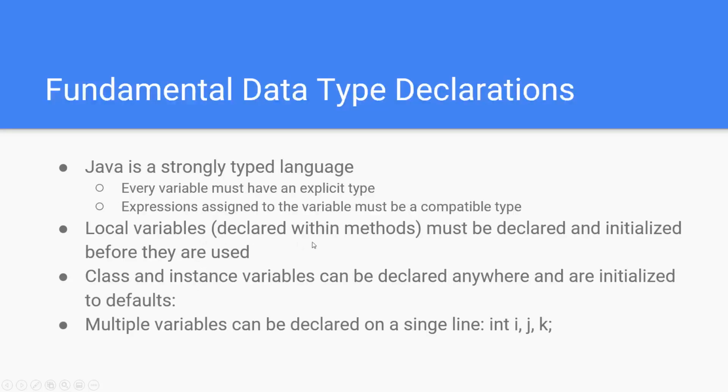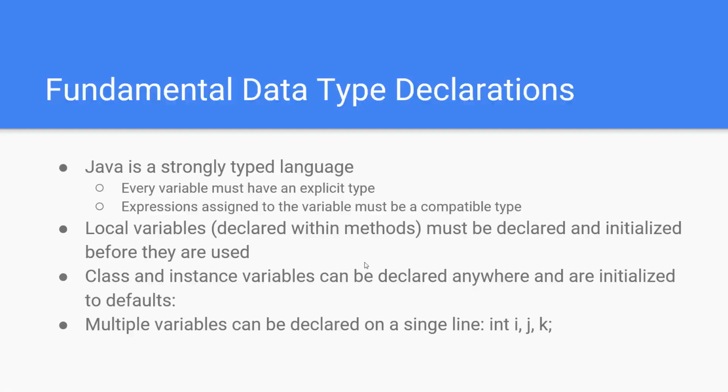Local variables can be declared within methods. They must be declared and initialized before they are used. Class and instance variables can be declared anywhere and initialized to defaults. Initialization is always big. We have to think about when we are modeling real-world objects, when we want to initialize and what the initialization should be.